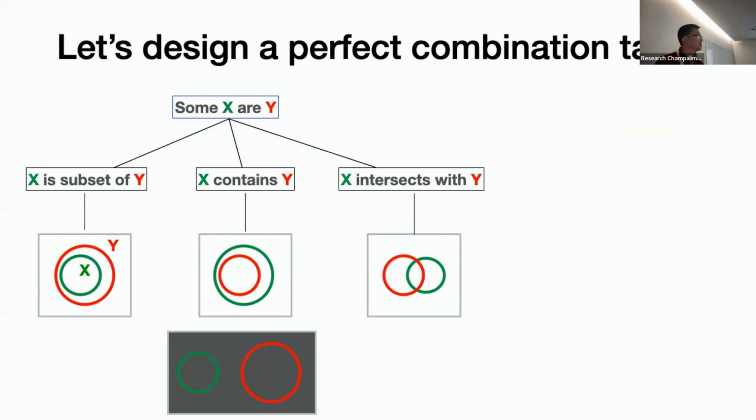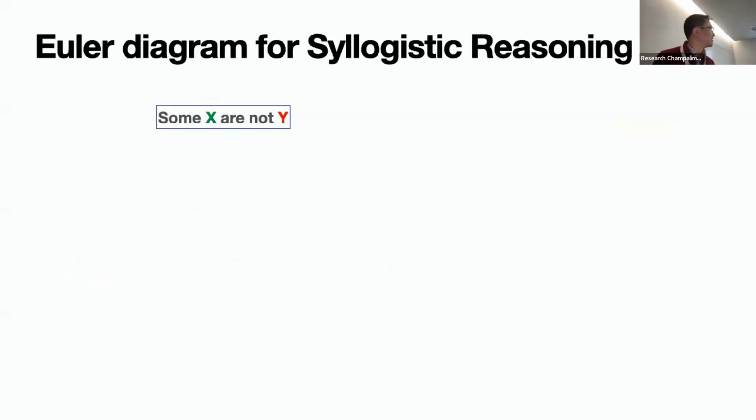We can say it means "not true, X is disconnected from Y", and we set the background as gray and make the 2 circles disconnect. Okay, then we have a one-to-one mapping.